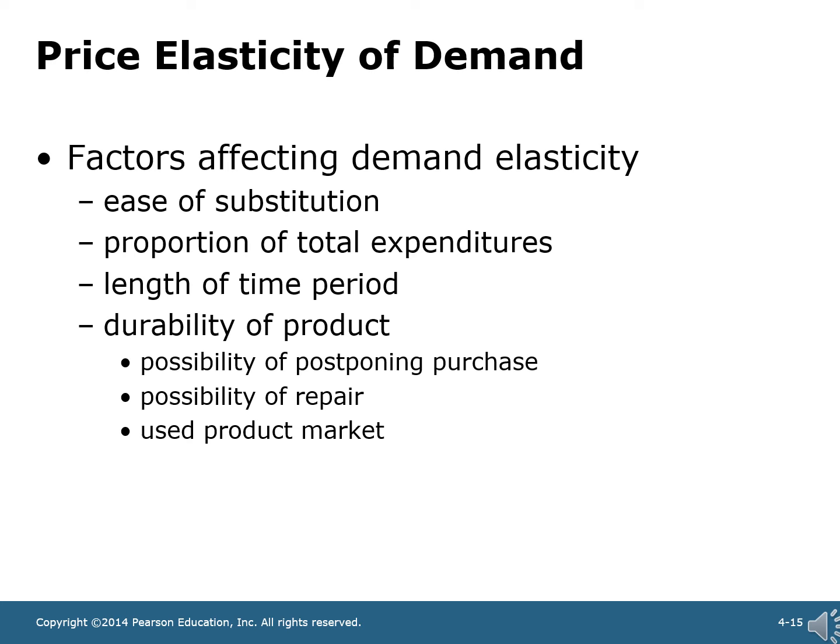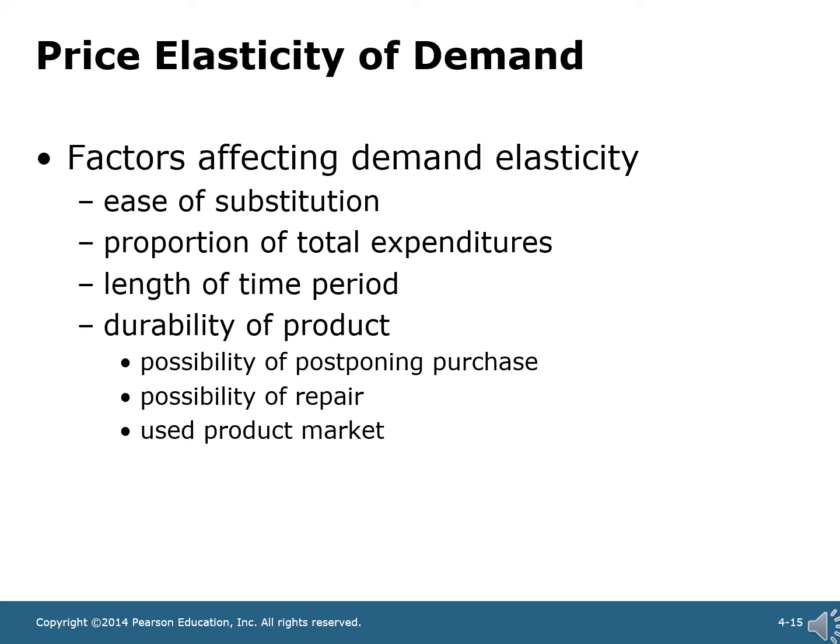Consumers are going to be more responsive to a change in price. So if UPS increases the price to ship a package, the consumer can just go to the post office instead. They can go to one of their competitors that offer a very similar sort of service.